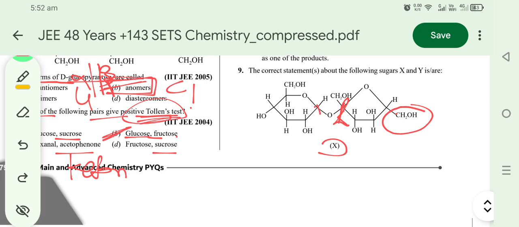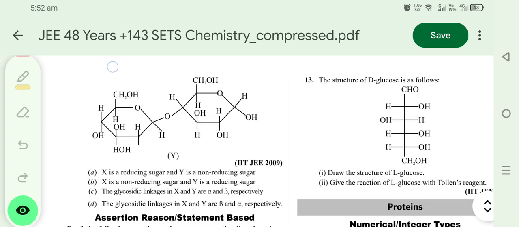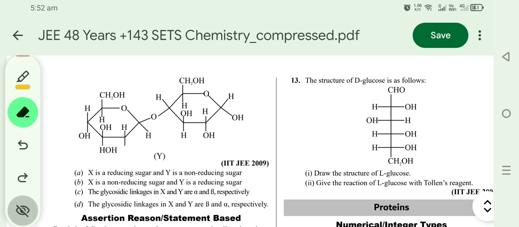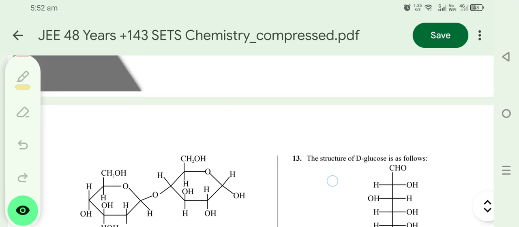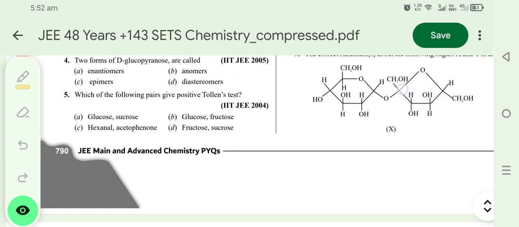X has both acetal structures, and Y is a compound having an acetal structure at the C2 carbon and a hemiacetal structure. The correct statement for this question is that X is a reducing sugar. In X, there is no free OH group at the second carbon.